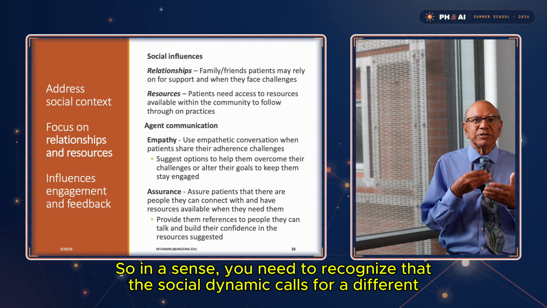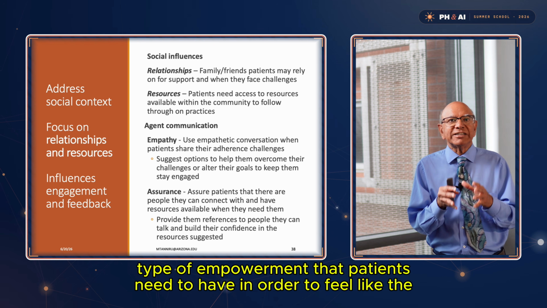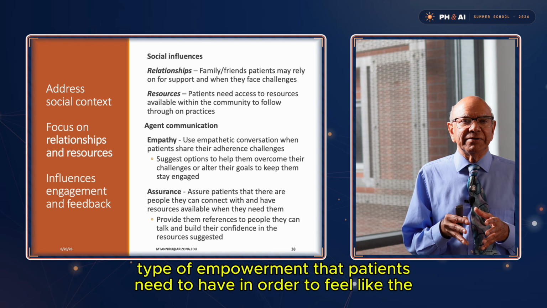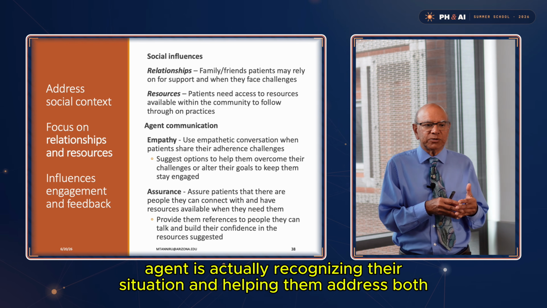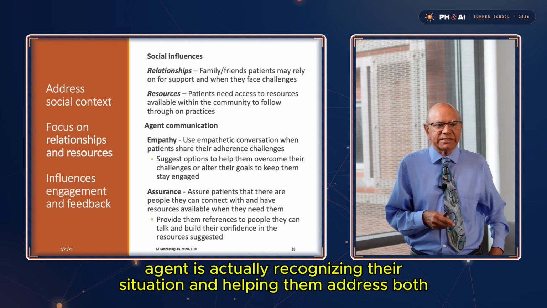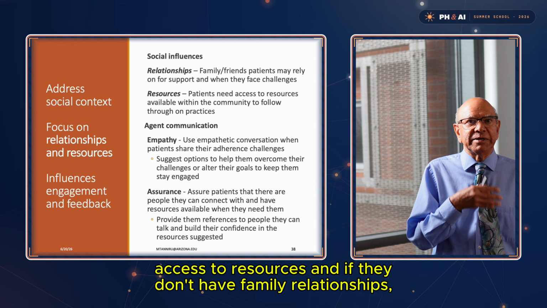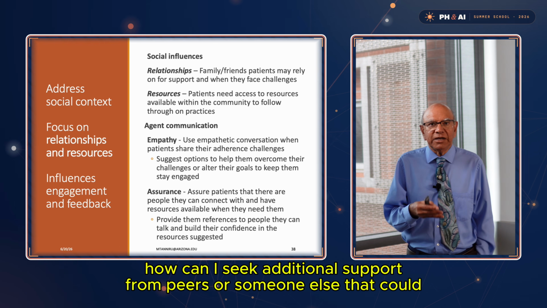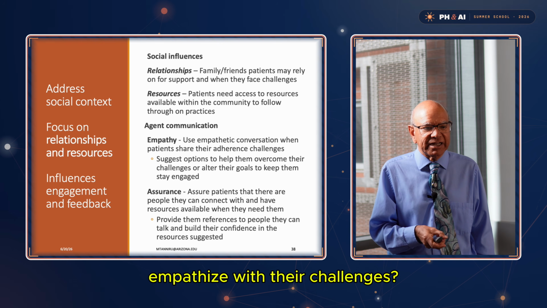So in a sense, you need to recognize that the social dynamic calls for a different type of empowerment, so that patients feel like the agent is actually recognizing their situation and helping them address both the access to resources, and, if they don't have the family relationships, how they can seek additional support from peers or someone else who could empathize with their challenges.